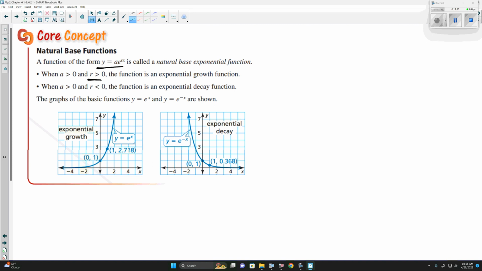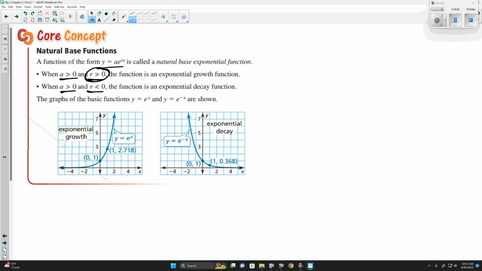So when the number in front of e is greater than 0 and the number in the exponent is greater than 0, it's exponential growth.